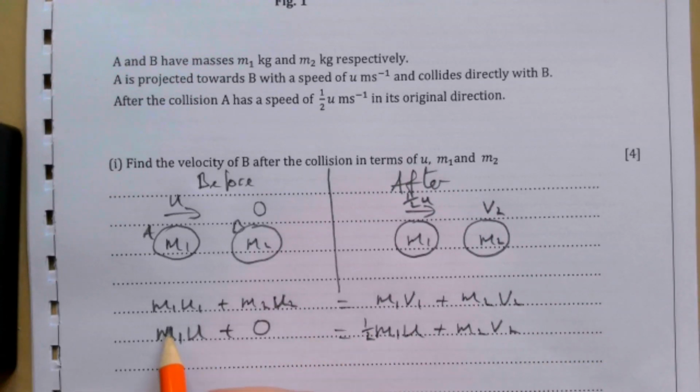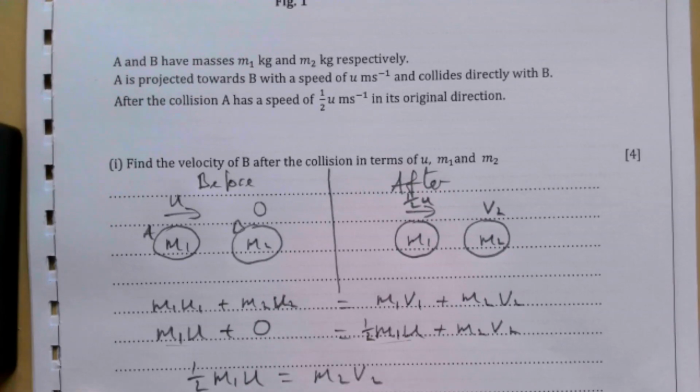If I subtract that from both sides, because those are like terms, I get a half m1 u is equal to m2 v2. So dividing by m2, I get a half m1 u over m2 is equal to v2.